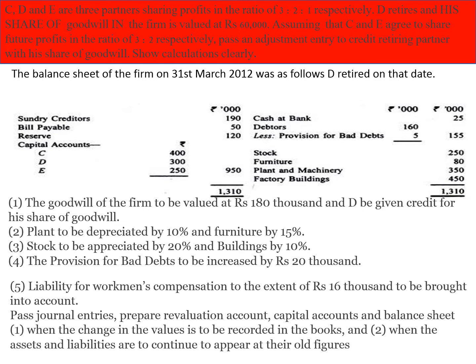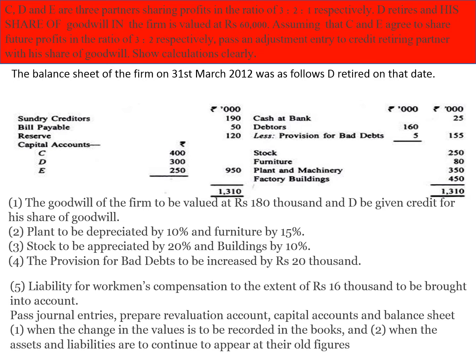Liability for workman compensation to the extent of 16,000 to be brought into account. The liability for workman compensation is 16,000. This is to be shown in the books. Pass journal entries, prepare revaluation account, capital accounts and balance sheet. Case 1: when the changes in the value are to be recorded in the books.